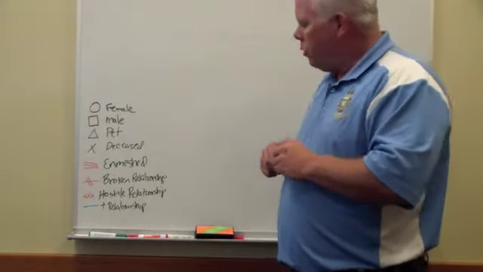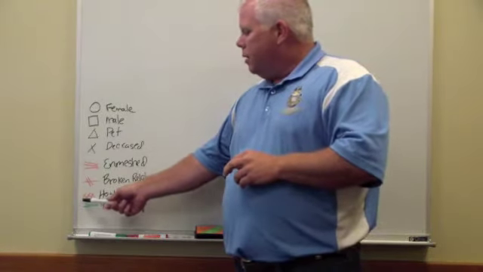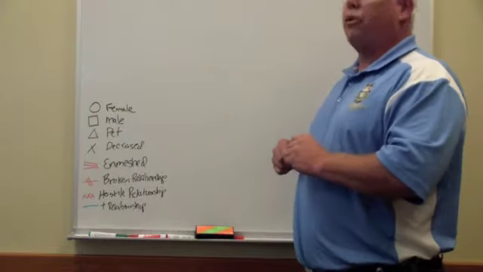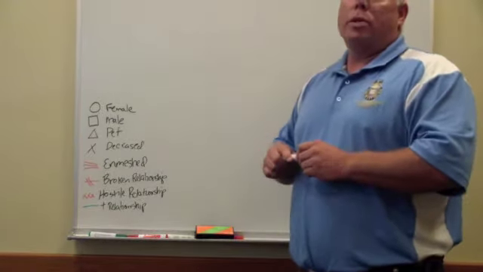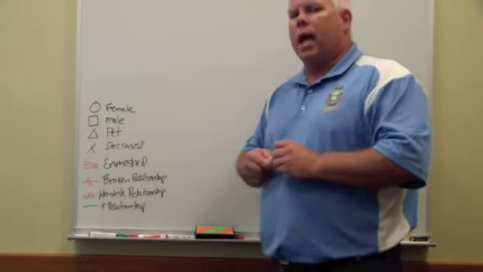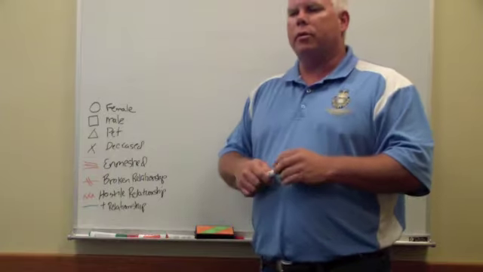That will represent a broken relationship. We'll see connection relationally that has a bunch of red X's, and that will represent a hostile relationship. And then we'll see also some green lines, and the green lines represent a positive relationship with the family.